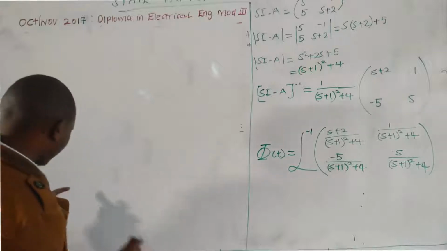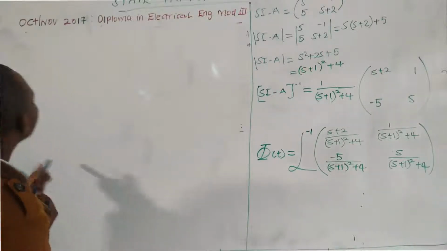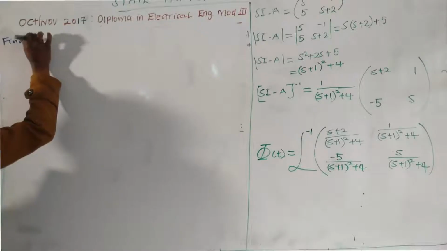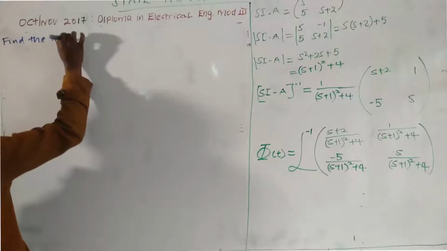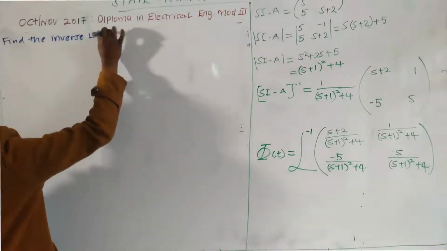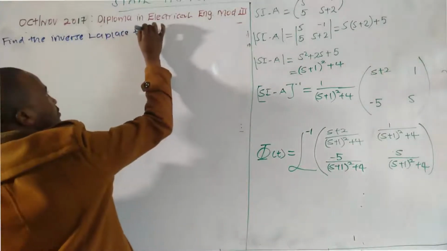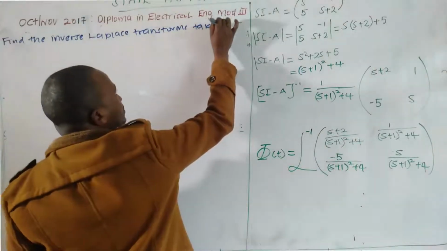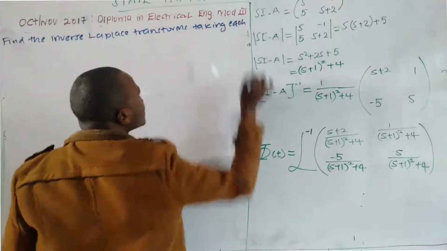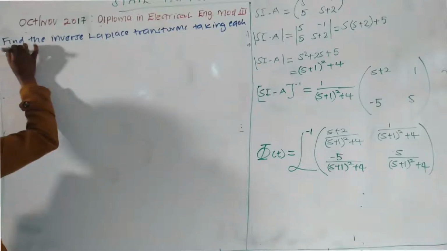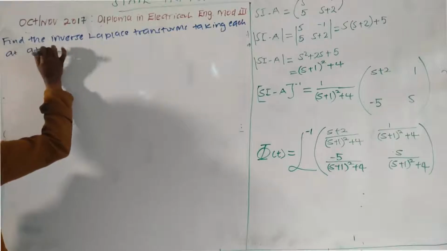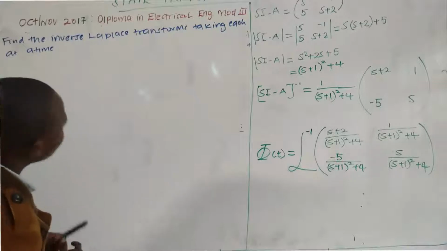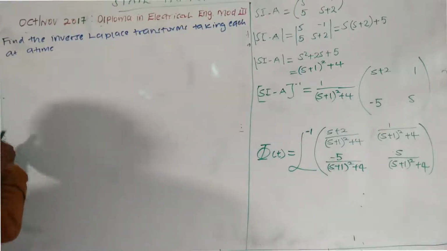We are going to take each element at a time and find the inverse Laplace transform, each one on its own. We are going to take the first element.